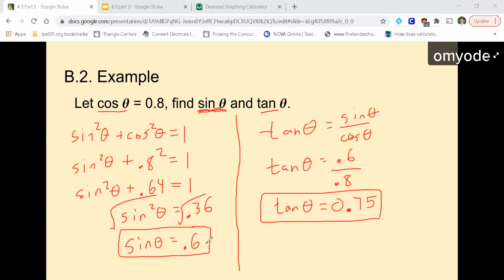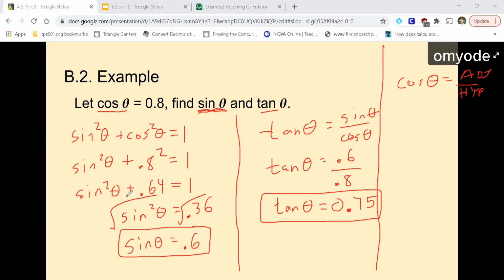Okay, I'm going to show you one other way I could have done this problem. If you're taking the ACT or you're trying to do this problem and you don't remember your identities, you are not out of the running. Remember that cosine of theta tells you the adjacent over the hypotenuse.